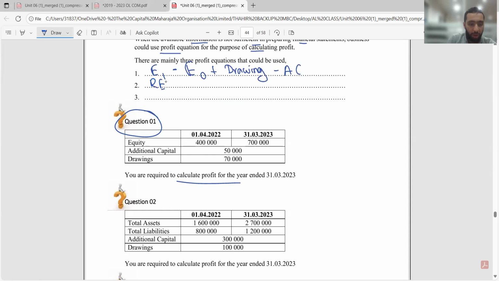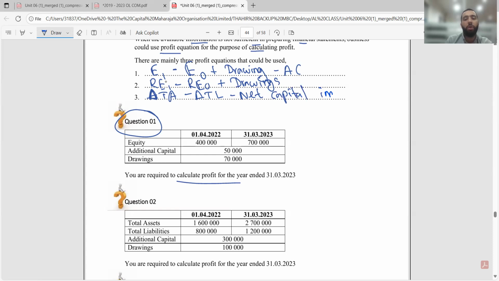The next formula is RE1 minus RE0 plus drawings. There is another formula: the change in total assets minus the change in total liabilities minus net capital introduced. You put this triangle, which you have learned in economics if I'm not wrong.